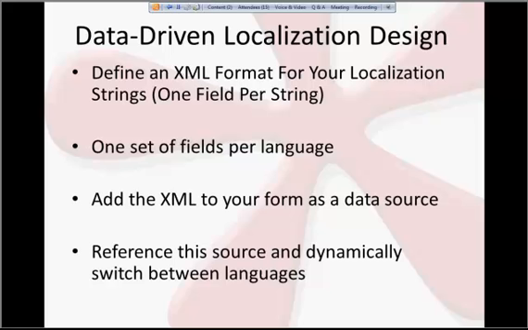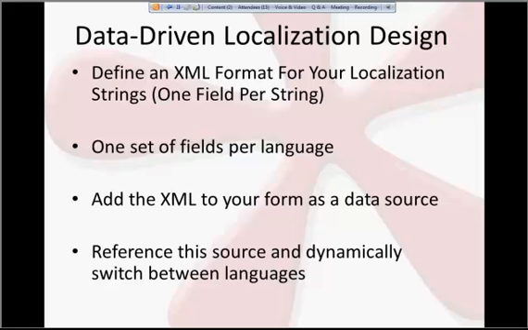So you'd have a repeating field in that XML, and within each group of that repeating group, you would have one of each string that you want to show in your form. So you'd have one set of those strings for one language, another whole set for the next language, and as many of those sets as you want for as many languages as you want to use.